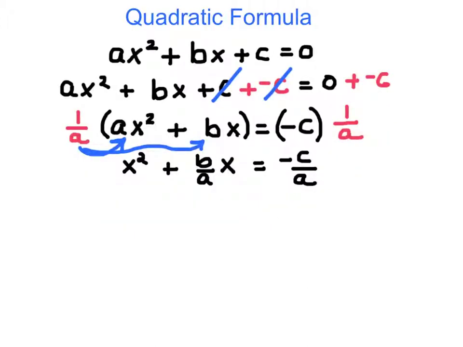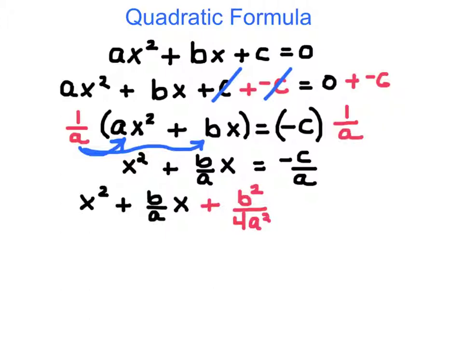Now let's take the left-hand side, where I have x squared plus b over a times x, and I'm going to add to this side b squared over 4a squared.